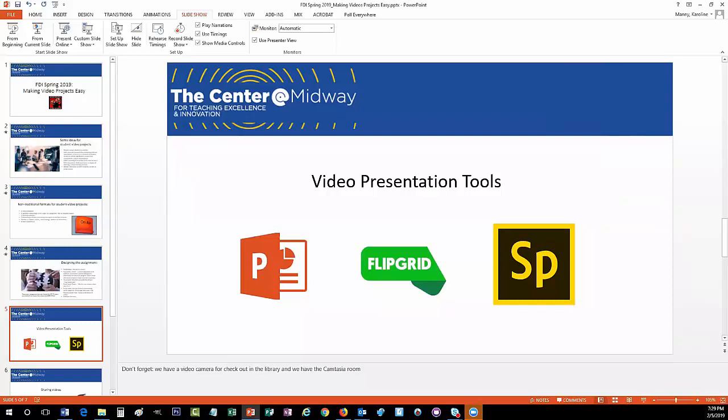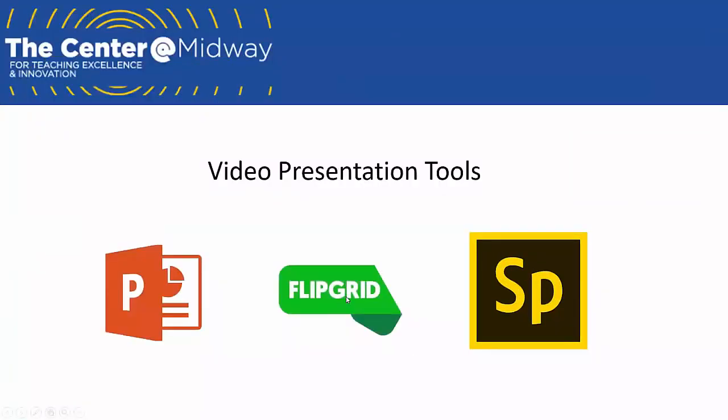Now with Flipgrid, when they're using Flipgrid, that tool saves those videos that the students make to the cloud. So they are automatically up in the cloud, and you can link to them and get a share link to share with other people if you want to.